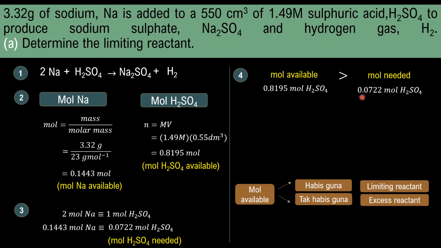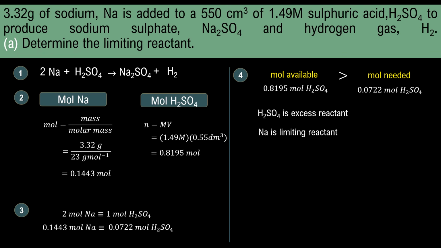Yang kita nak guna adalah 0.07. So habis guna ke tak habis guna yang 0.8 ni? Tak habis gunalah, dia ada baki. So jadi H2SO4 ni tak habis guna, dia adalah excess reactant. So kita tulis H2SO4 is excess reactant. So siapa limiting reactant? Reactant yang satu lagi lah, iaitu sodium. So sodium is the limiting reactant.